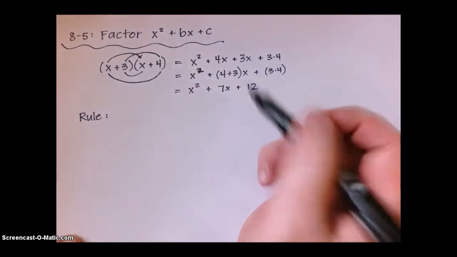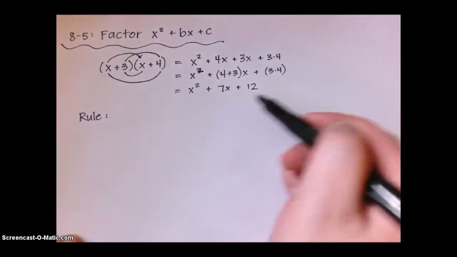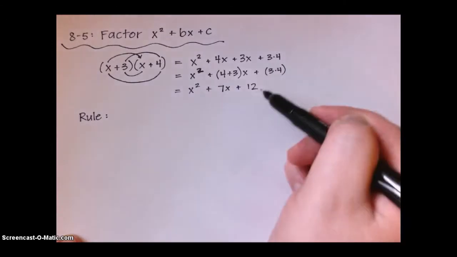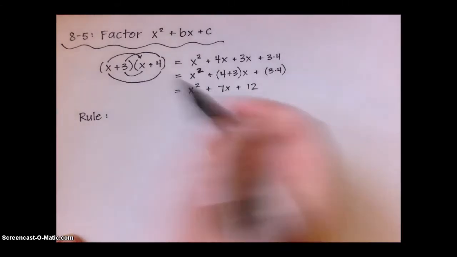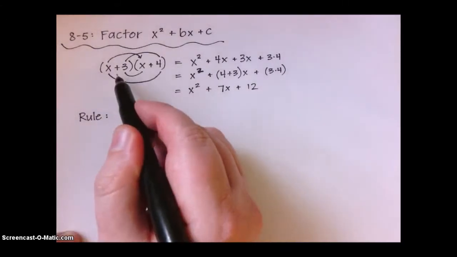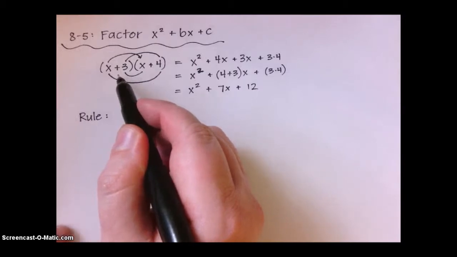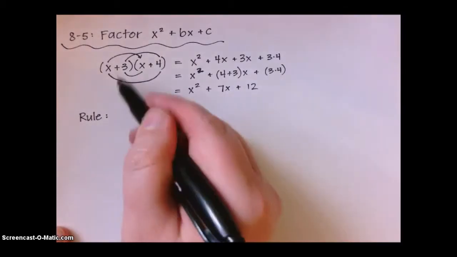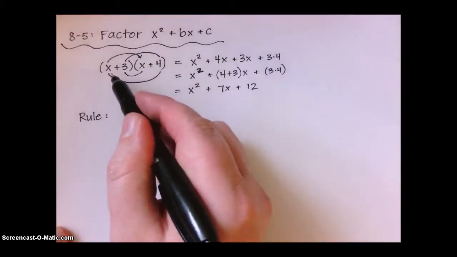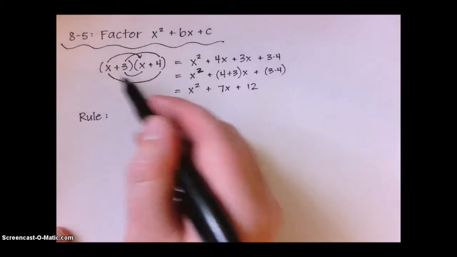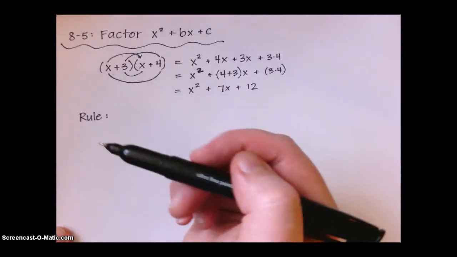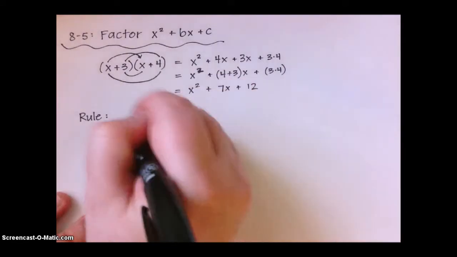And that's how I can turn something like this, x squared plus 7x plus 12, into something like I had in the beginning. That's what we're going to do. We're going to work backwards so that in the end it looks back like in parentheses x plus 3 times parentheses x plus 4. So it might be a little confusing, but I'm going to really help you out.